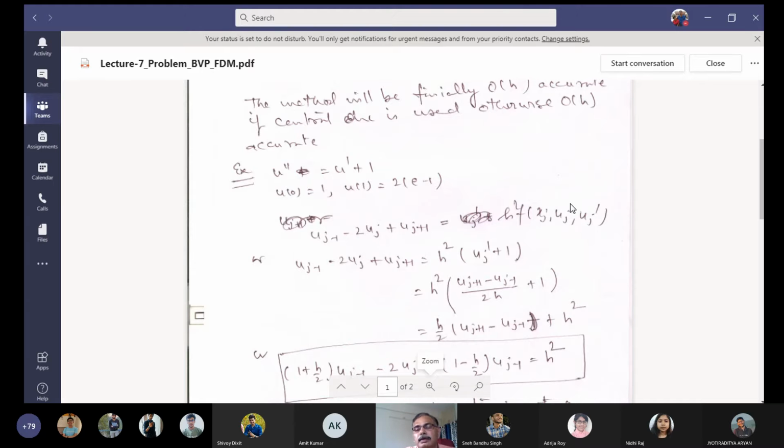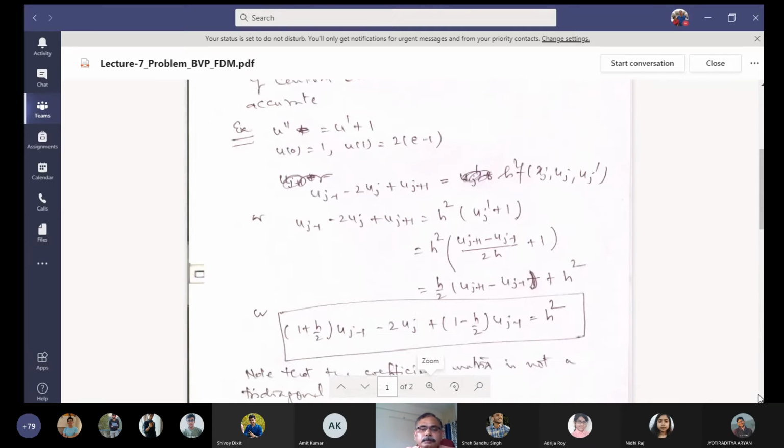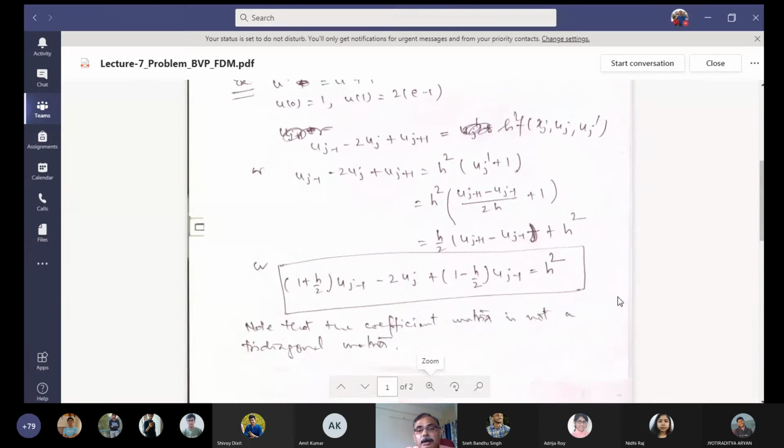Any one of that you can use. So let us use the central one here, but the order will change accordingly. So h square (u_j prime plus 1), and u_j prime is written as (u_{j+1} minus u_{j-1}) divided by 2h, with the error of order h. Rewrite it. So the difference scheme is written as this. Is that right?